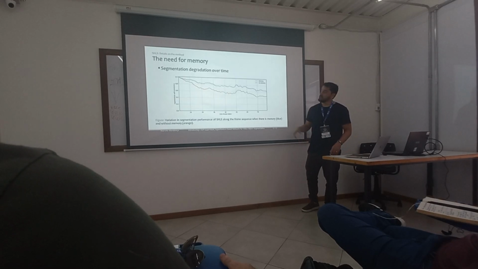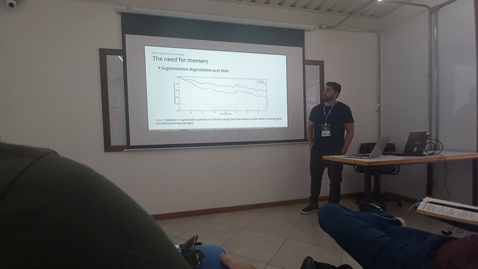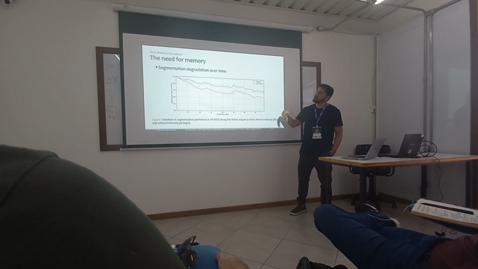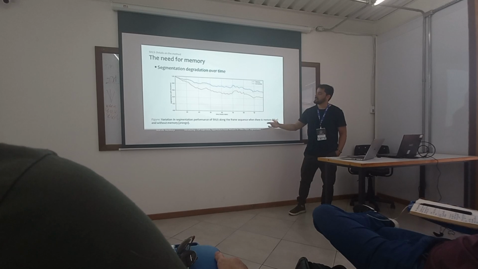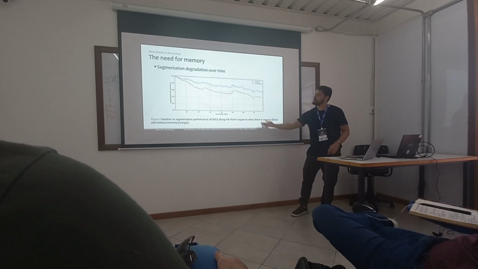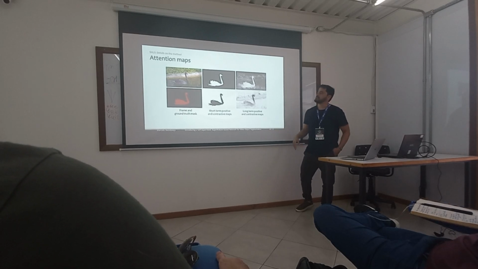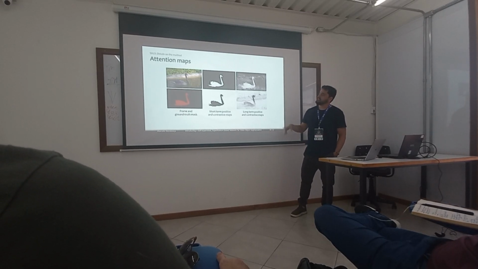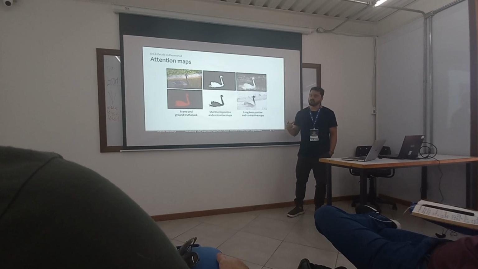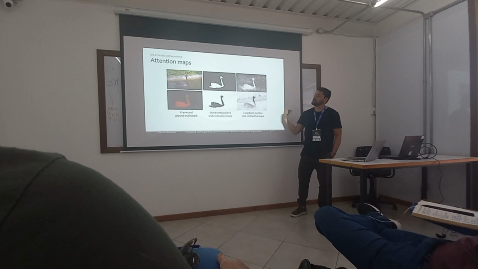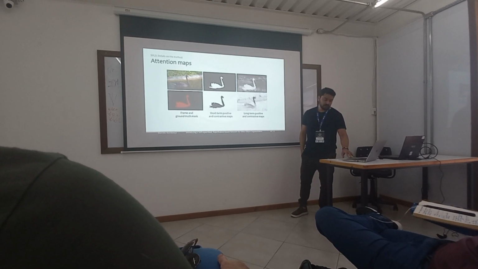So this plot shows the importance of this memory mechanism to our method. The line shows the stability in terms of self-consistency of segmentation throughout the frames. And from the memory mechanism, we generate some attention maps, 2 pairs of attention maps, 1 pair from the short-term memory and the other from the long-term memory.